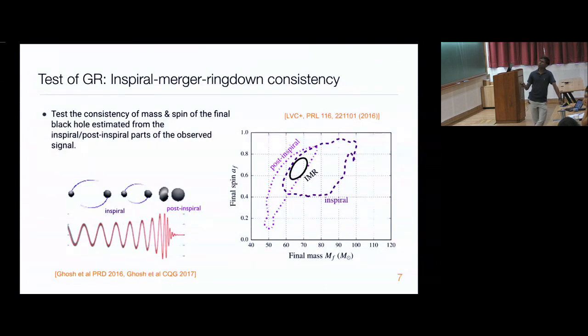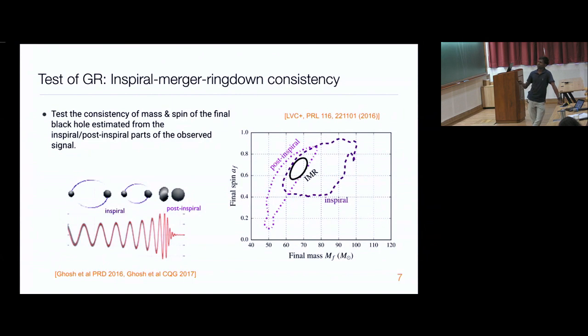Then we estimate the parameters of any binary black hole merger event using either just the inspiral part of the waveform or the post-inspiral part, and check for consistency between the parameters obtained from the two analyses. Here, the parameters we use for this analysis are the spin and the mass of the final black hole.